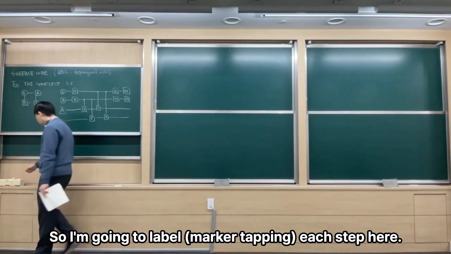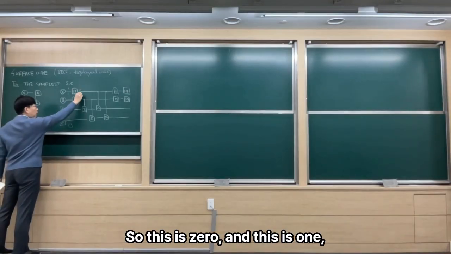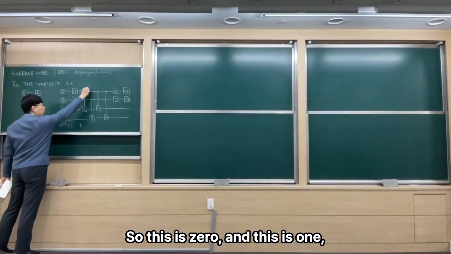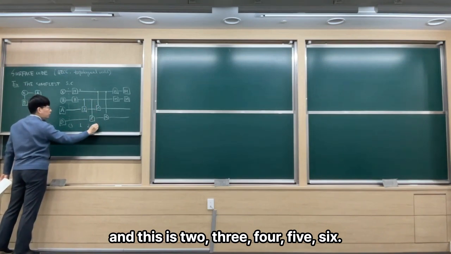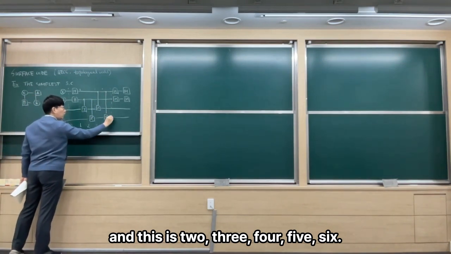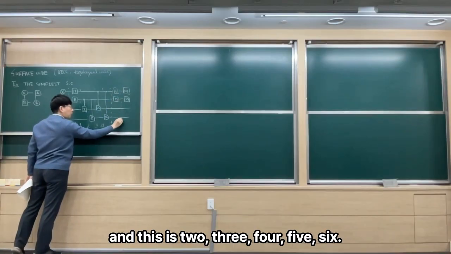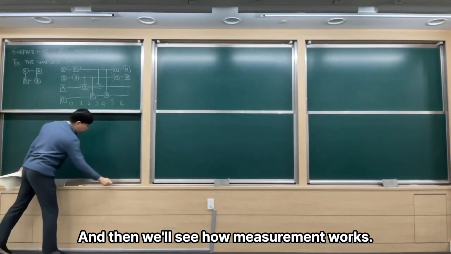So I'm going to label each step here. This is 0, and this is 1, and this is 2, 3, 4, 5, 6. And then we'll see how measurement works.